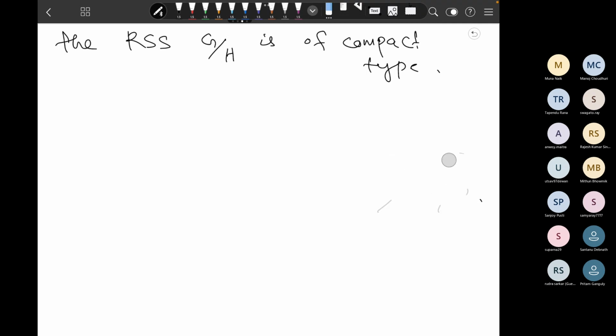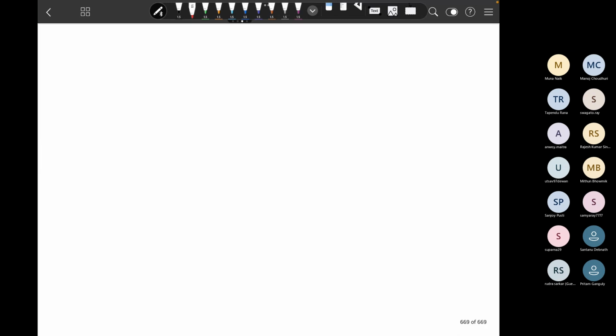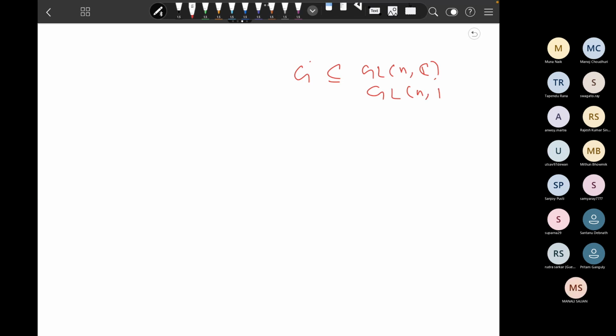Okay, so let us start from examples: RSP and RSS of compact type. I will take some matrix Lie group examples. Suppose G is a subgroup of GL_n(C), or GL_n(H) or GL_n(R).